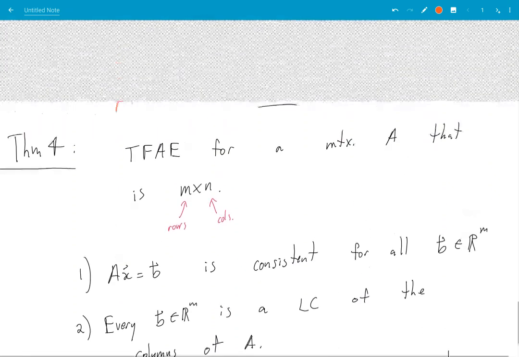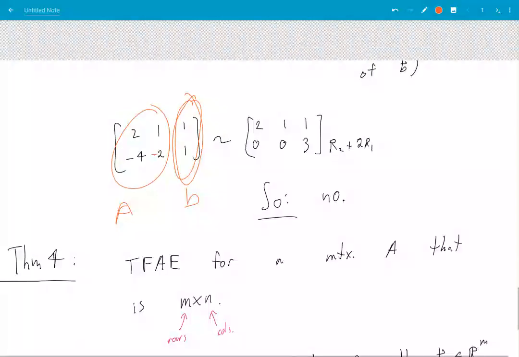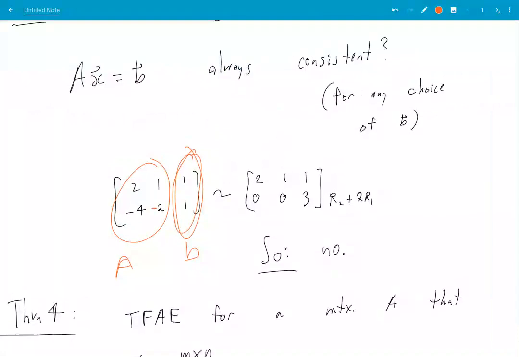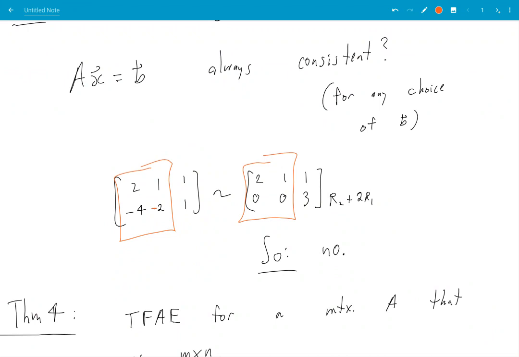Look at the example we just did. If we look at the matrix A, which is this guy here, we can see that it does not have a pivot for every row. It has a pivot for the first row, but not the second. I hope you see that that is what kind of screws things up here.